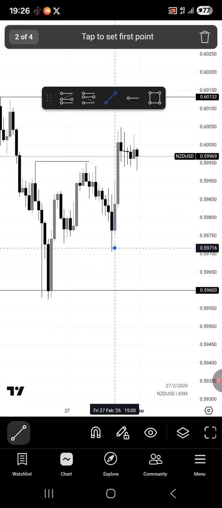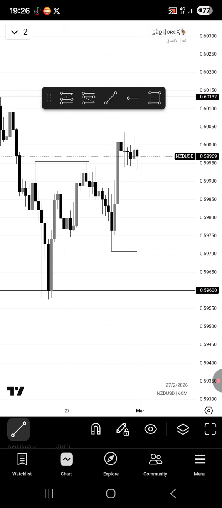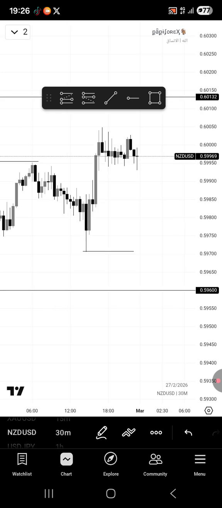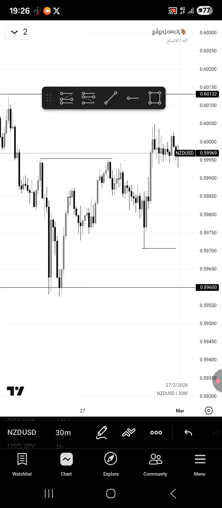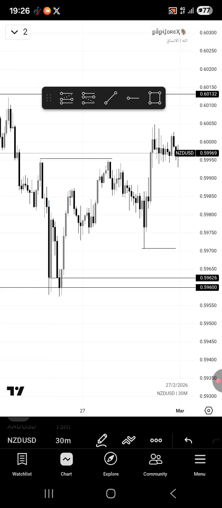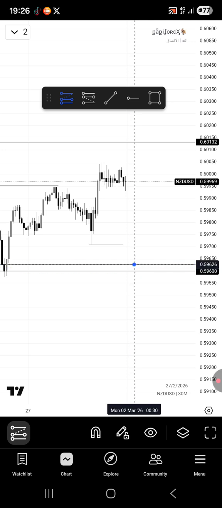So my liquidity, this area is my liquidity. Understand? So that's why I'm waiting for price to sweep. So my view for this week on NZD, I will pick here as my POI, my entry point. So I'll be longing NZD from this area.